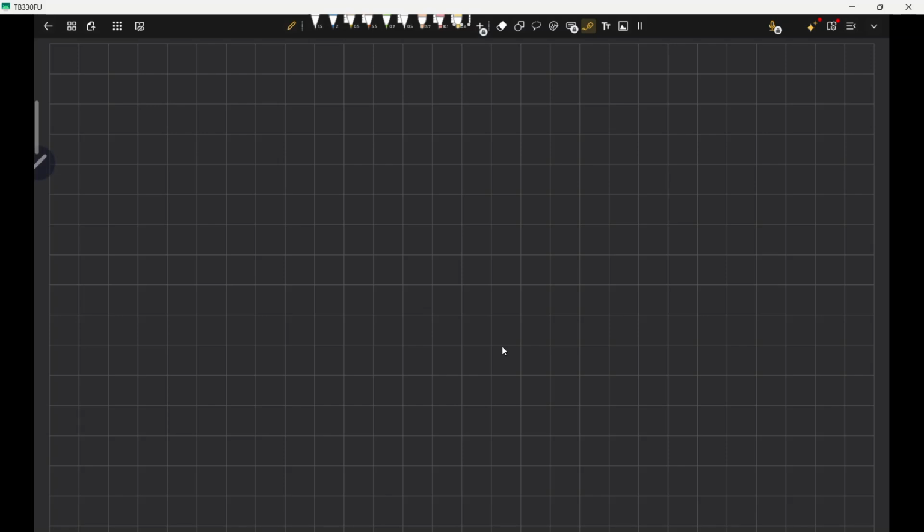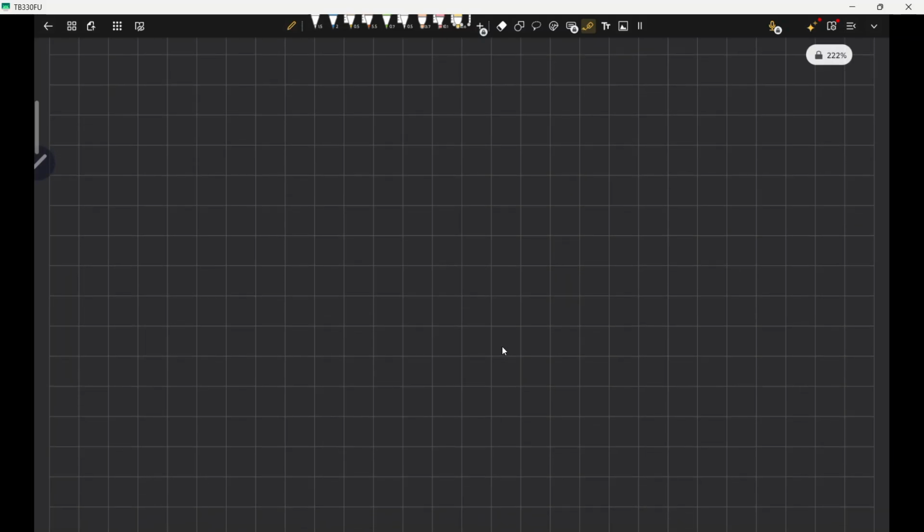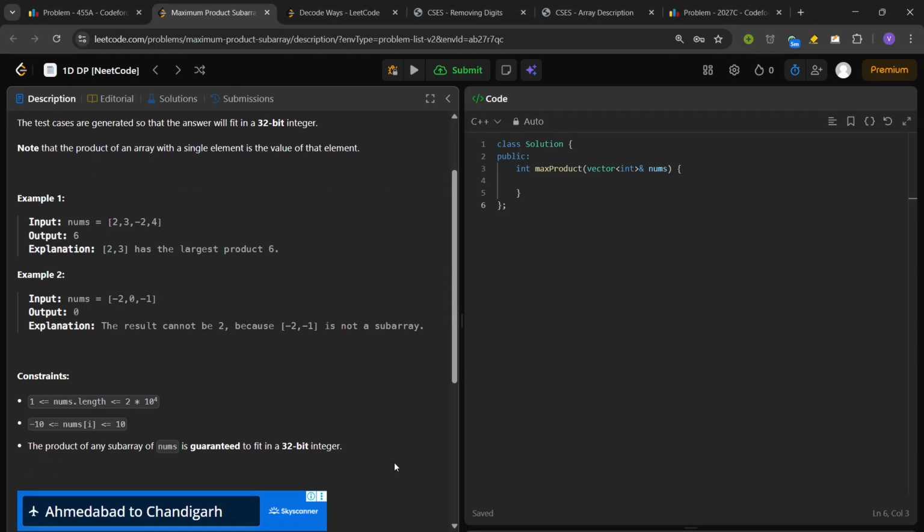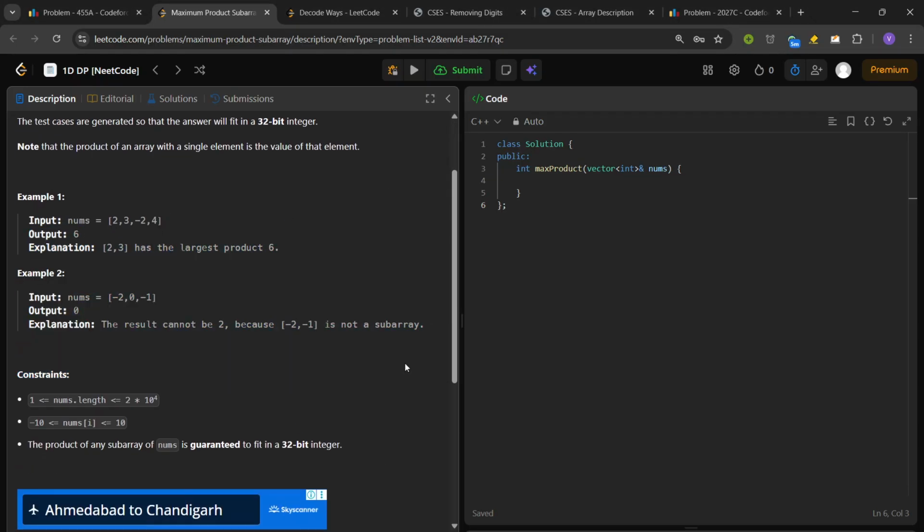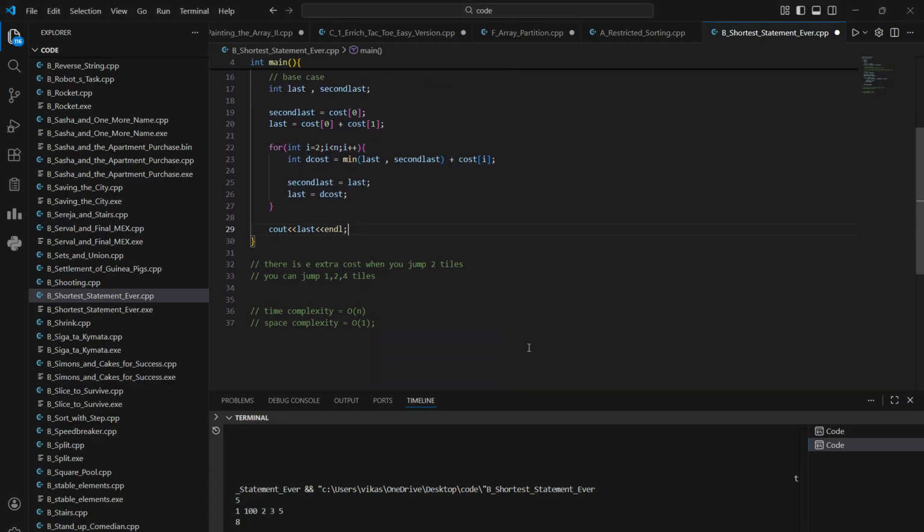So you can also think in that way. And I forgot to say that you can also solve that in some greedy way. So try to solve that also if you can.